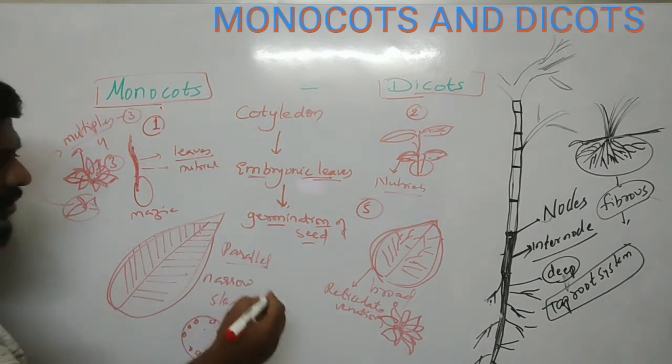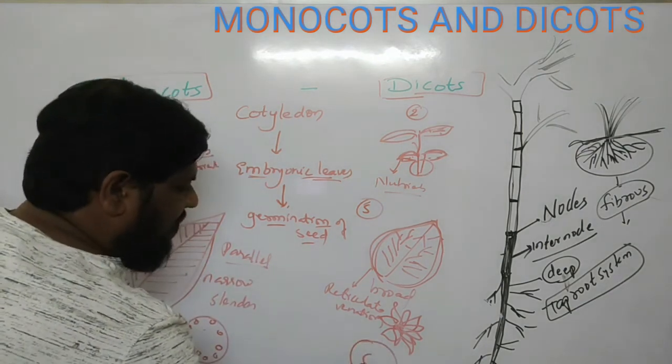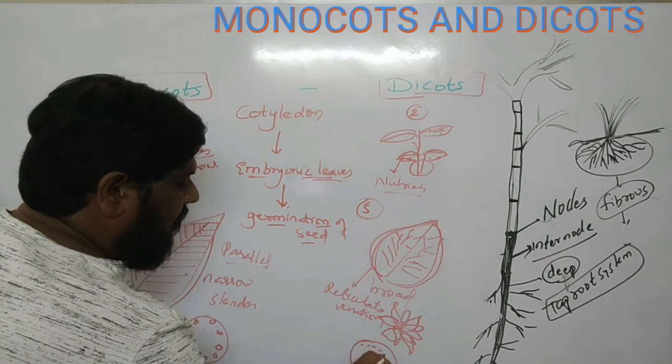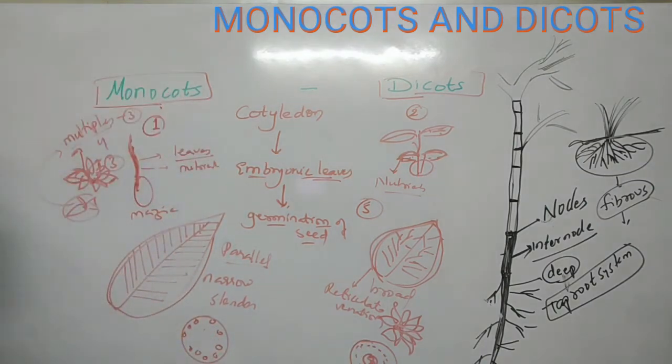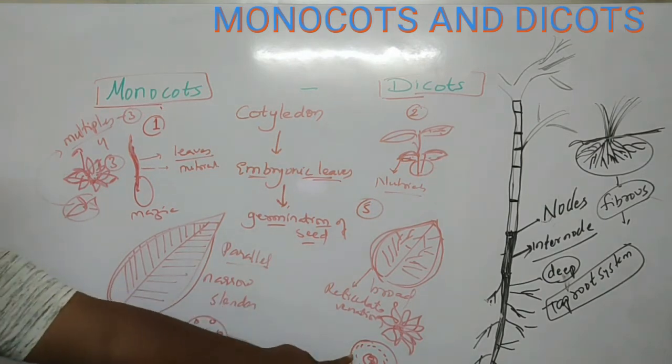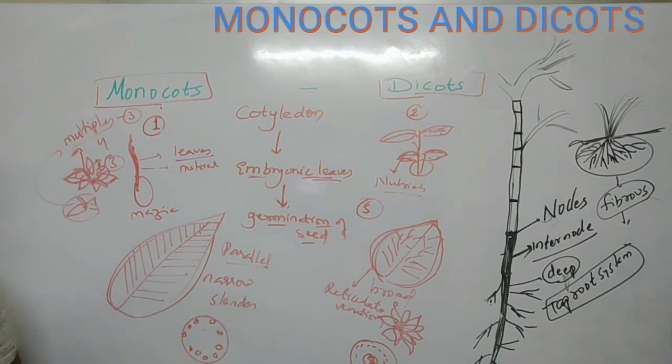Whereas when you come to the dicots, they are in an exact ring-like form. They maintain a ring-like structure here, and they are perfect in shape, but here they are scattered near the edges of the stem. And here the xylem and phloem are arranged in a ring-like structure.